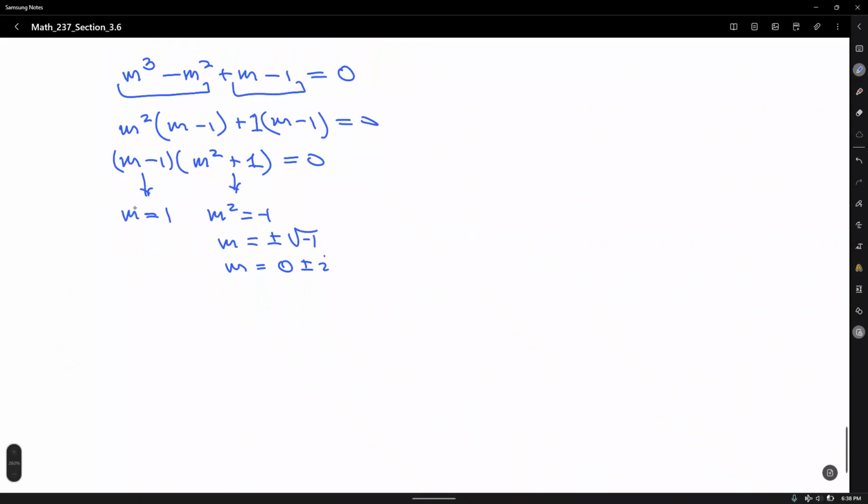Number one, we have a real solution, which would be y equals c1 x to the m, okay? In this case, let me call this m1, right? Plus x to the alpha c2 cosine of beta ln x plus c3 sine of beta ln x.